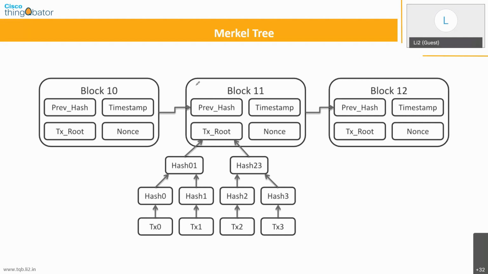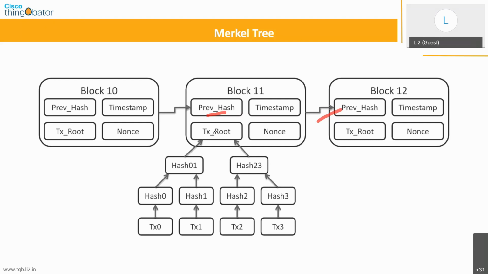Each block is connected to the other using the previous hash of the block. So block number 11 is connected to block number 10 using the hash of block number 10 in the previous hash field. And then block number 12 is connected to block number 11 using the hash generated by block number 11 and stored in the previous hash here, right?